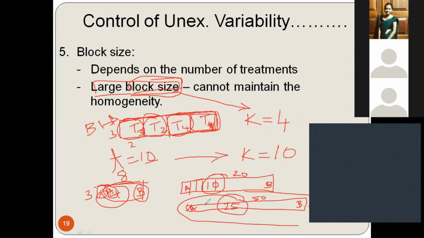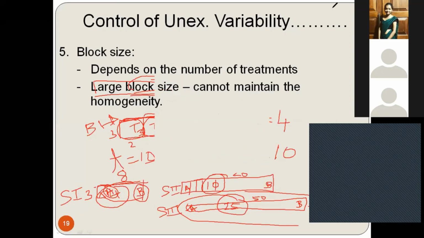My question is, this is situation 1, S1. This is situation 2. This is situation 3. So where is the variability high between A and B? Situation 3. Yes, situation 3.